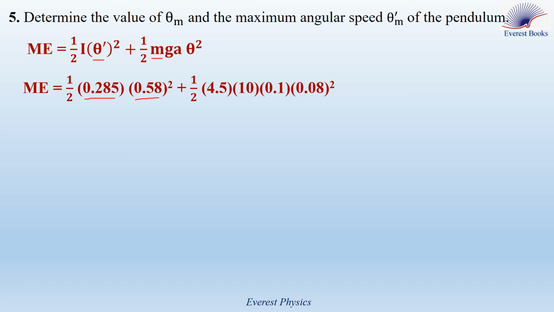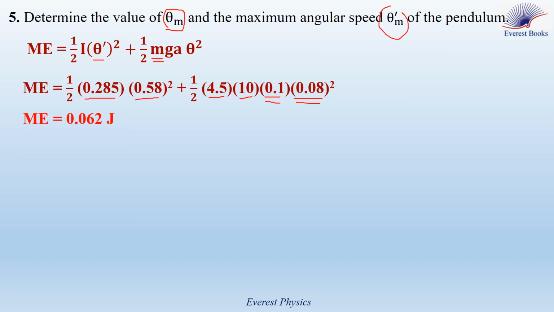The mass of the pendulum, which is the mass of A plus the mass of B plus the mass of the rod, is 4.5 kilograms. The gravitational acceleration is 10 meters per second squared, and the position of the center of mass A is 0.1 meters, and the angular abscissa in the beginning is 0.08 radians, and the answer is 0.062 joules.